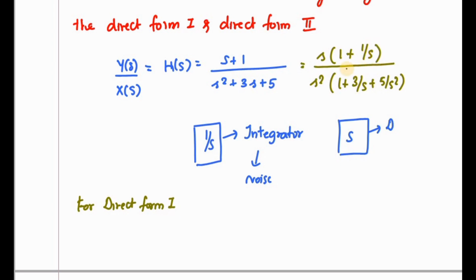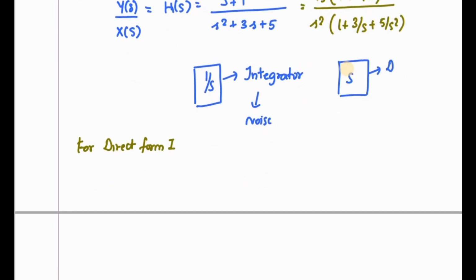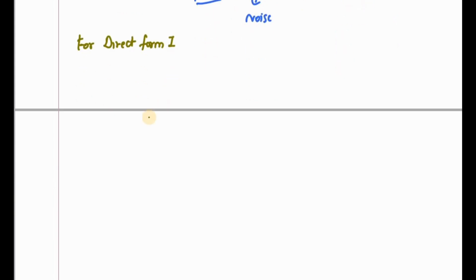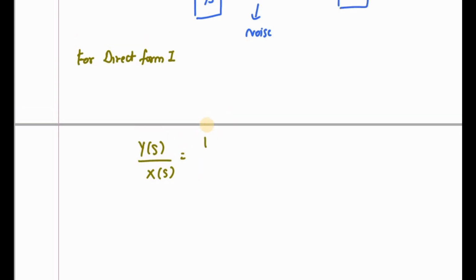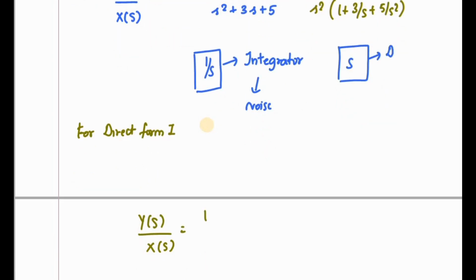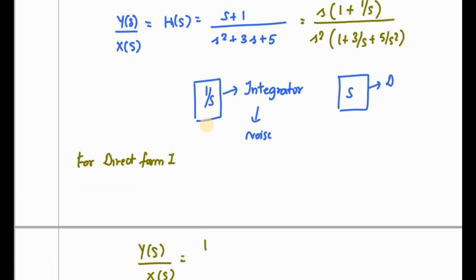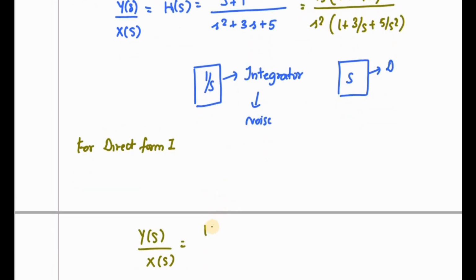So Y(s) divided by X(s) is equal to 1 plus 1 divided by s, into 1 by s, divided by 1 plus 3 by s plus 5 divided by s square.